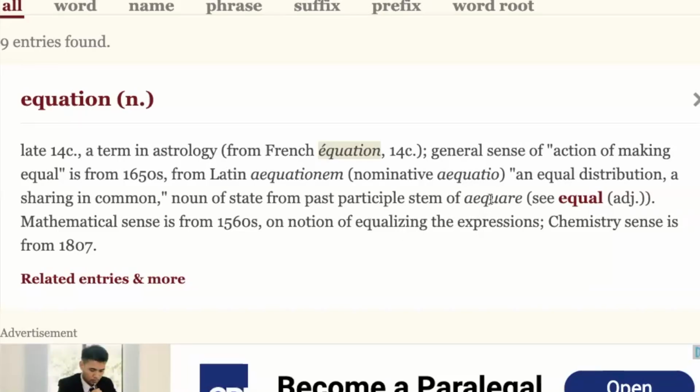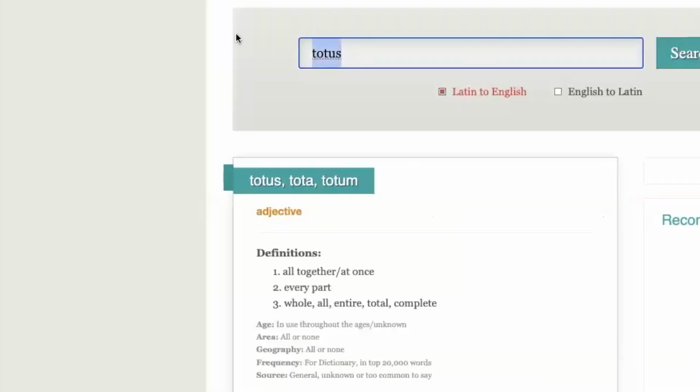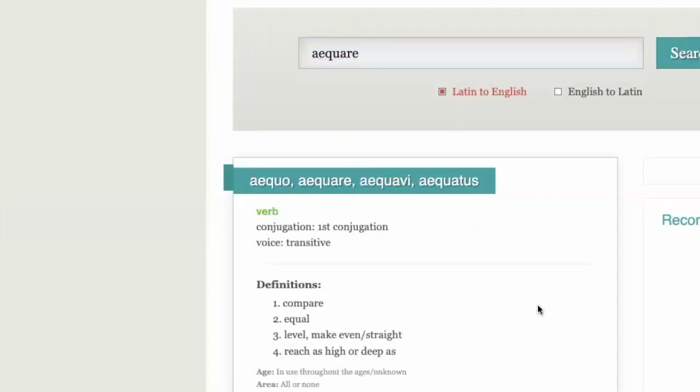When I look up this past participle stem and go to the Latin dictionary, I see here aequare and aequatus. Remembering, of course, that on the second one you take off the ARE, IRE, ERE, that would leave me AEQU. Then over here, we take off the US and the AT, so that would give me the same thing.